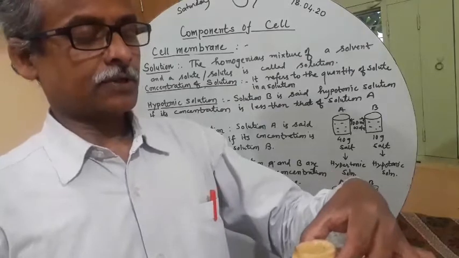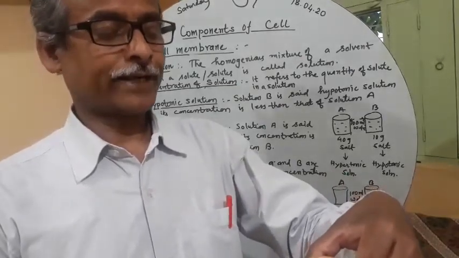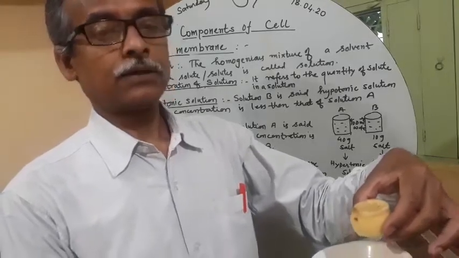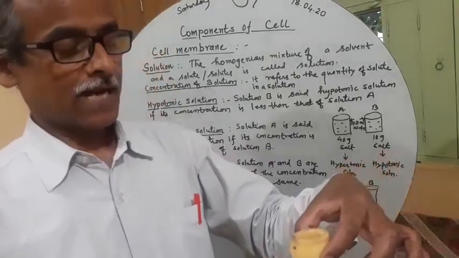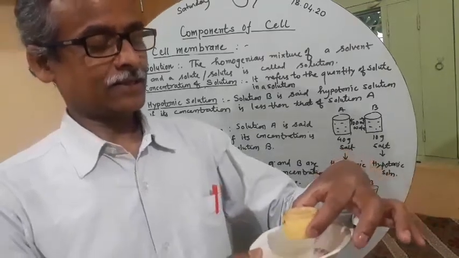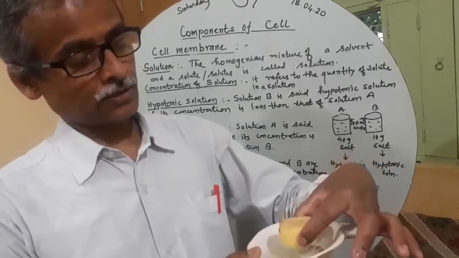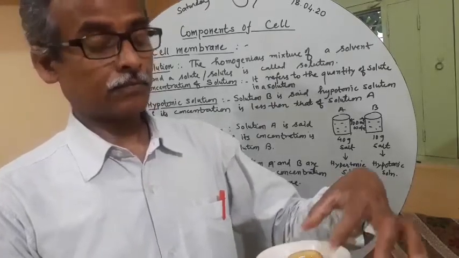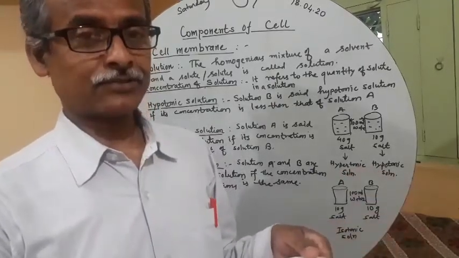Now, this cup of potato is completely filled up with water, and this water has come in it across the wall of this cup made up of the cells of potato.